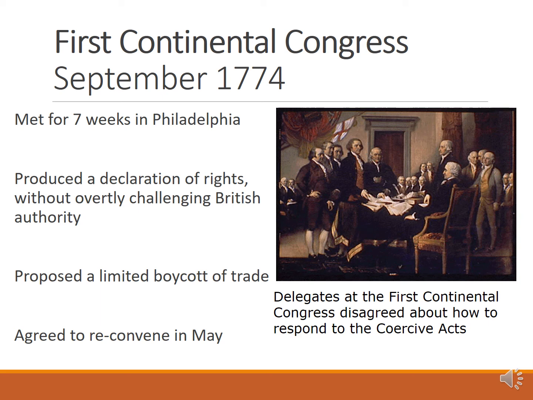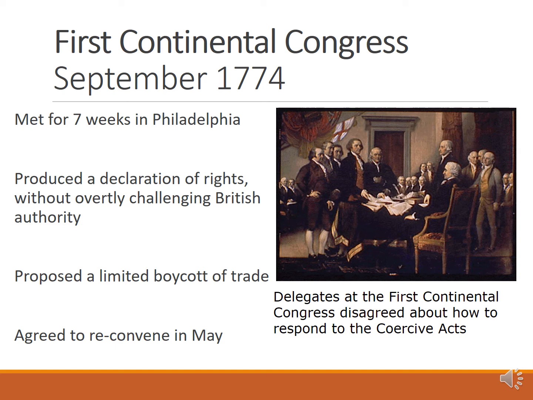So there was a lot of debate back and forth there. But this really sets the precedent for the Continental Congress that will basically govern throughout the entire period of the American Revolution.